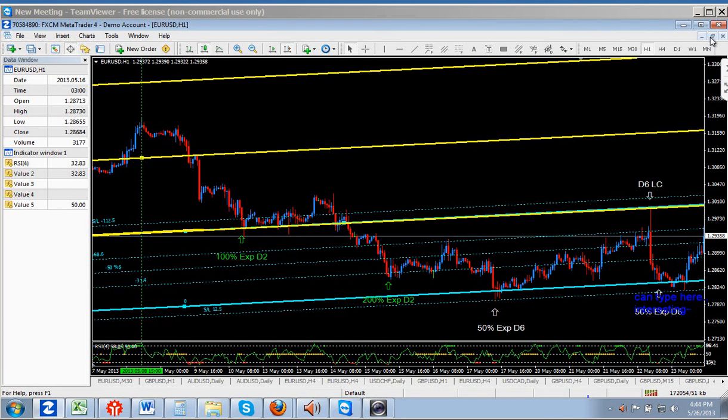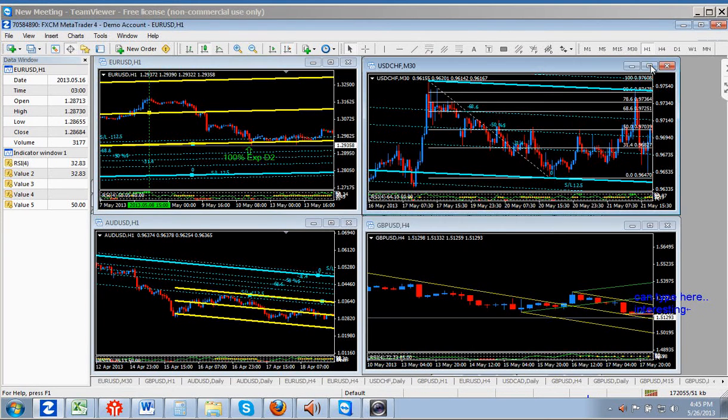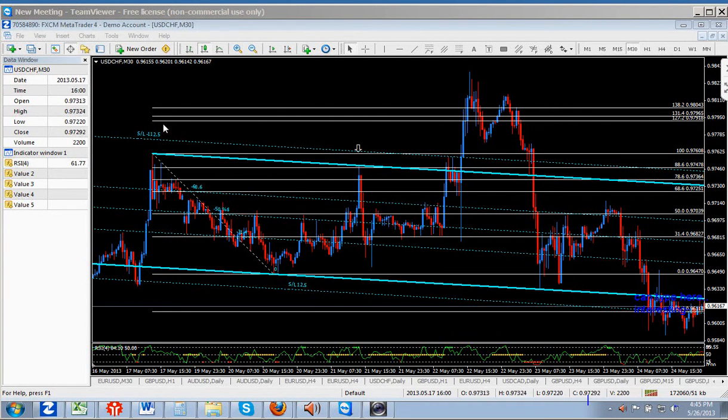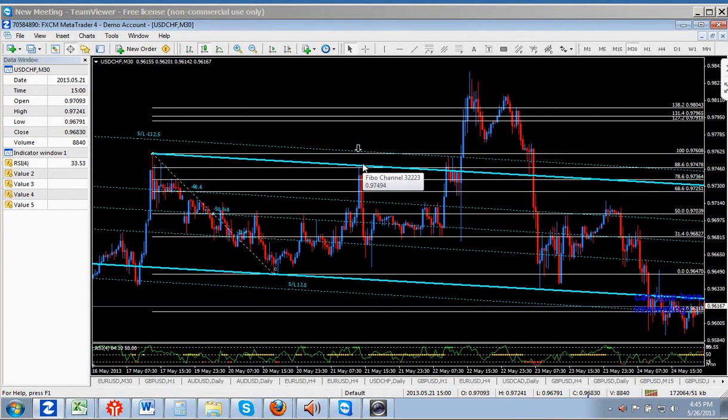I have an example actually on USD/CHF, and this is point A, this is point B, and this is point C.